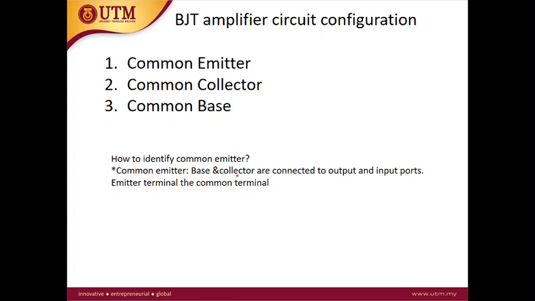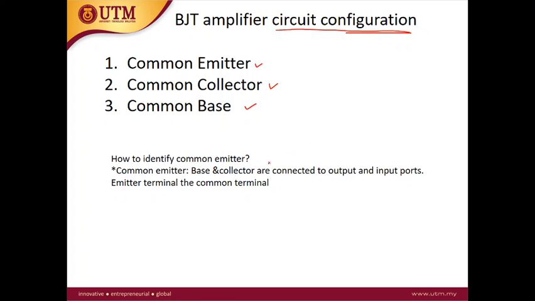When we use the BJT in an amplifier circuit, we can have three main circuit configurations: common emitter, common collector, and common base. How can we identify the common emitter? We look at the terminals of the BJT.